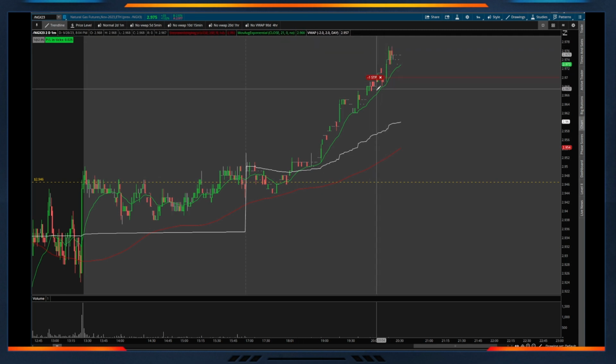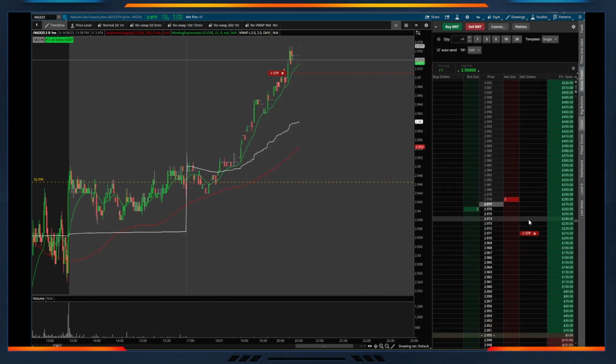In this example, as this moves higher and higher, I will continue to drag that stop loss under this moving average. And you can still have some slippage. Here, my stop loss is right around 21 ticks, which equates to about $200 of profit.